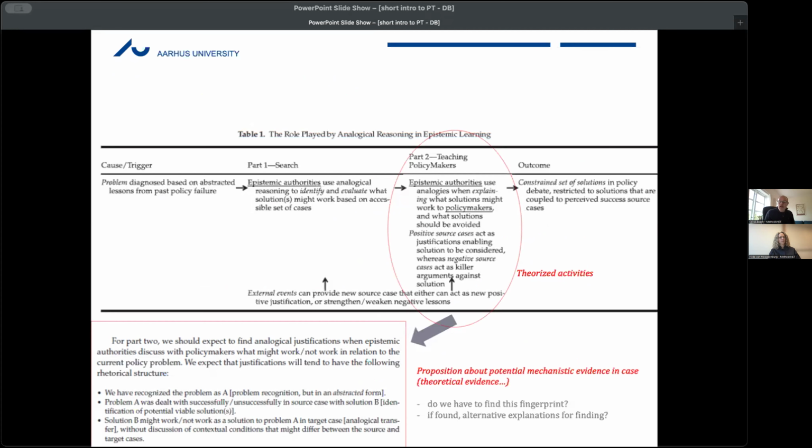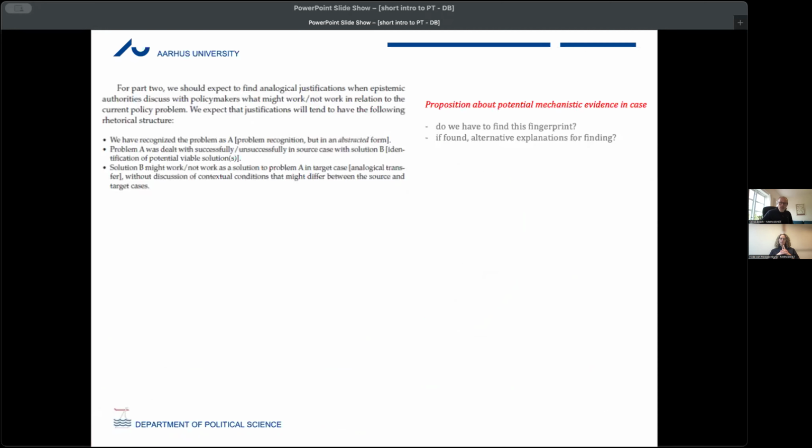So this is a proposition about observable or potential mechanistic evidence that we might expect to find. And in the article, we discuss, if we find this, are there alternative explanations for finding it? And then that's your potential evidence.